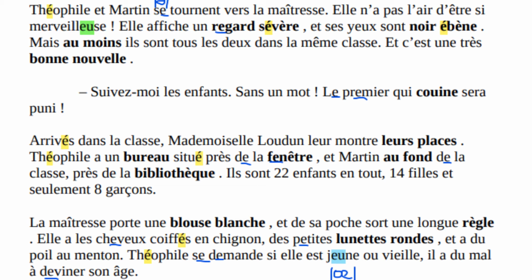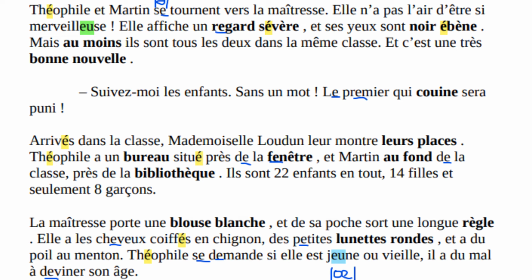Sa poche sur une longue règle. Elle a les cheveux. For our cheveux, we have the she plus E. We have che, then ve, E. Can we see our EUX there gives the sound E. So we have che, ve, E.